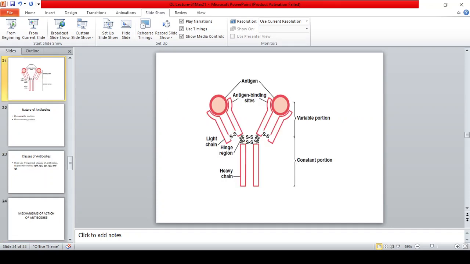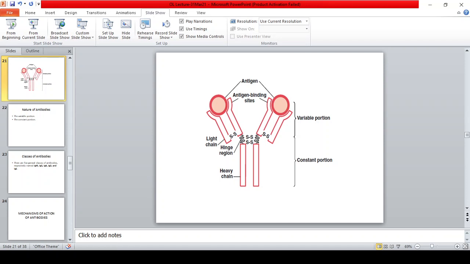This figure shows the structure of the immunoglobulin, showing the variable portion, and the remainder of the chain is the constant portion. Keep in mind that the variable portion is different for each specific antibody, and it is this portion that attaches to a specific type of antigen.